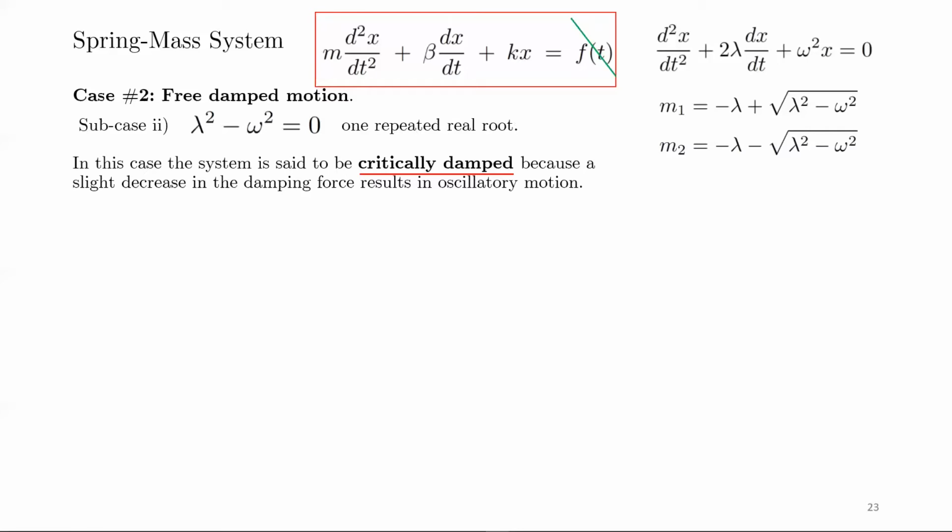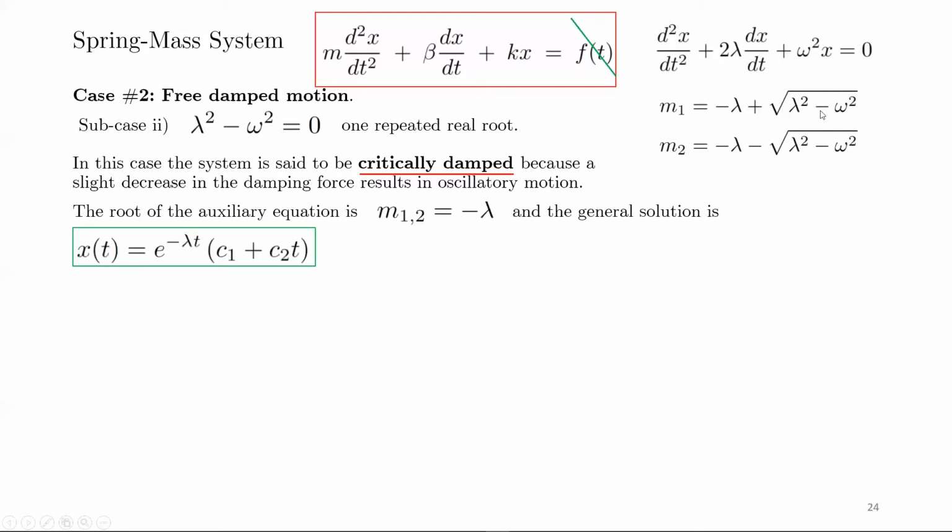Okay, so here lambda squared minus omega squared equals 0, so we get repeated roots. The square root term is 0, so m1 equals negative lambda, m2 equals negative lambda. We have a repeated root.